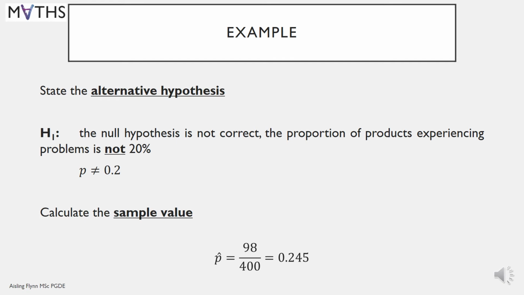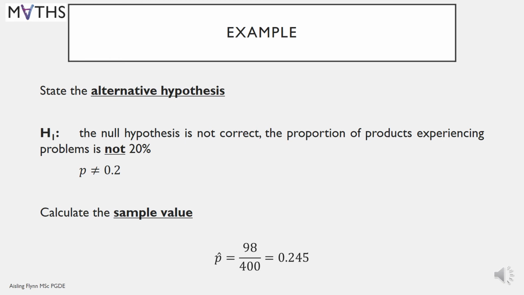So the sample said that 98 out of 400 products sampled experience problems in the first 5 years. So 98 out of 400, or 98 divided by 400, gives 0.245, which is basically 24.5%.